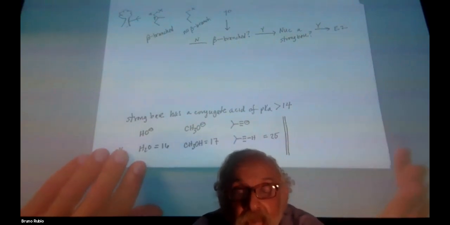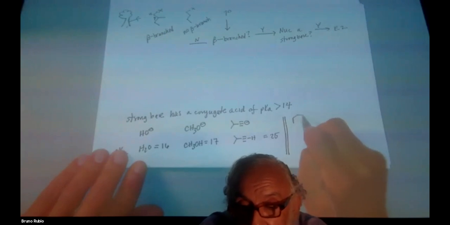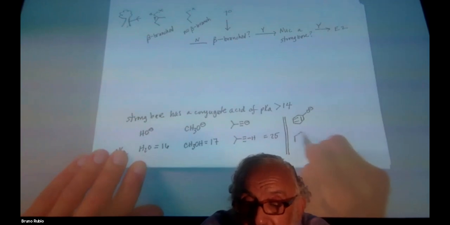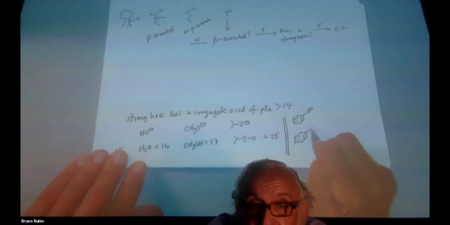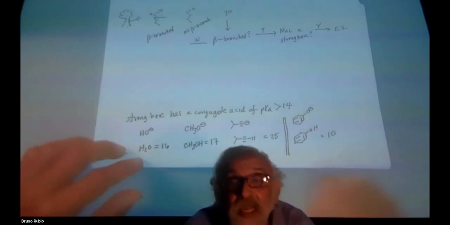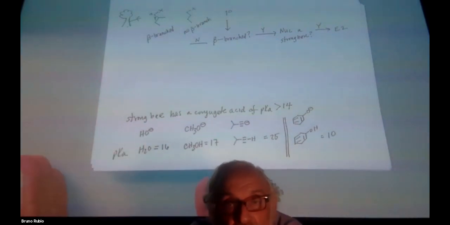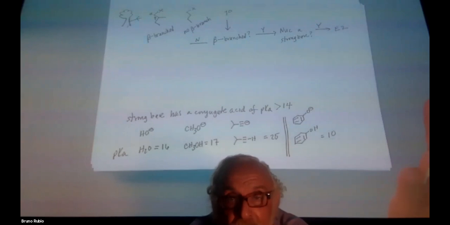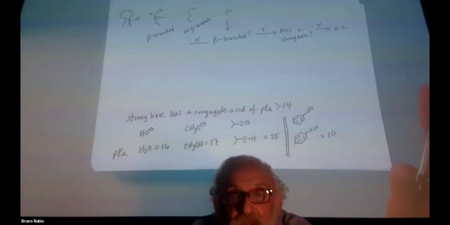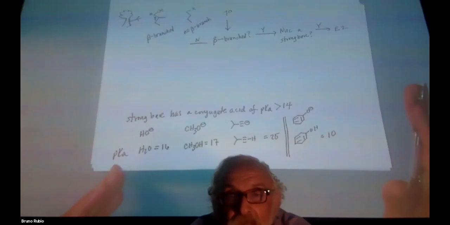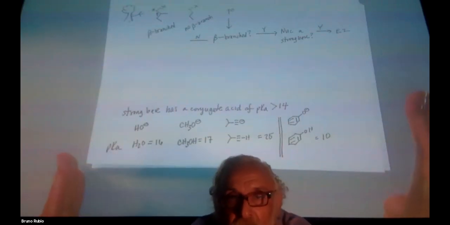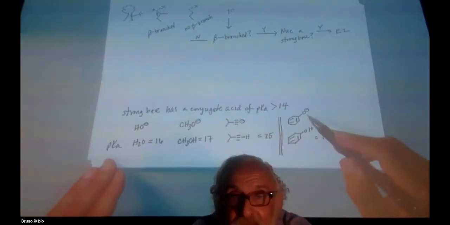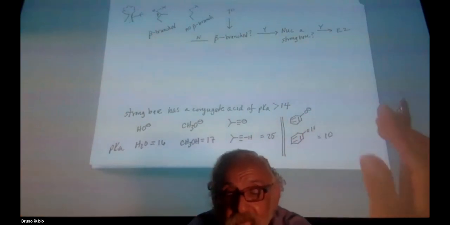But now something that is not a strong base would be phenoxide. The pKa of its conjugate acid is 10, right? That's below this threshold. This is a base, no doubt about that, but it's not considered a strong base. And saying that something is not a strong base is different from saying that it is a weak base, right? This isn't really a weak base, it's just not a strong base. There's a continuum.